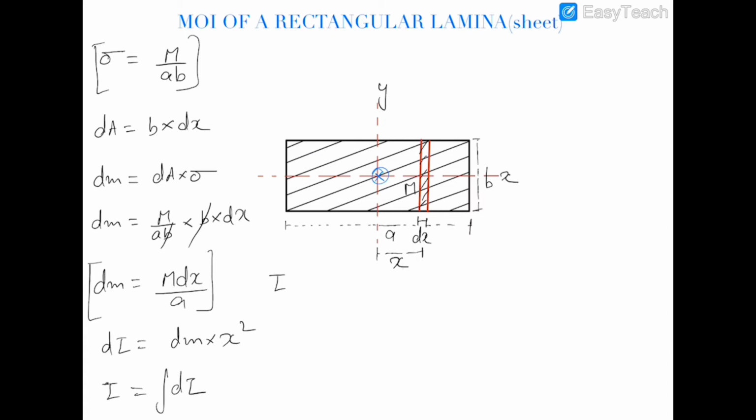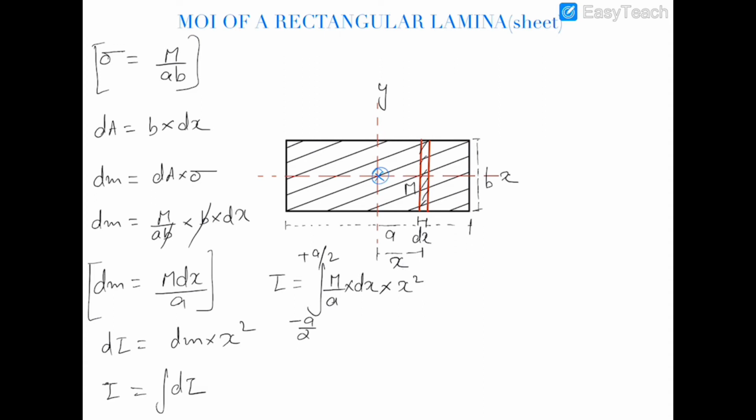Therefore the total moment of inertia would be the integration of M by a into dx into x squared, and the limit of x would be from minus a by 2 to plus a by 2. You can see that the farthest element at the left side would be at this point, and the farthest element on the right side would be at this point.